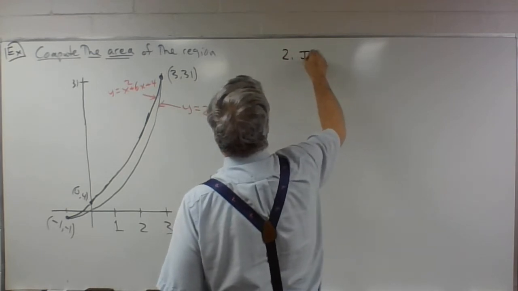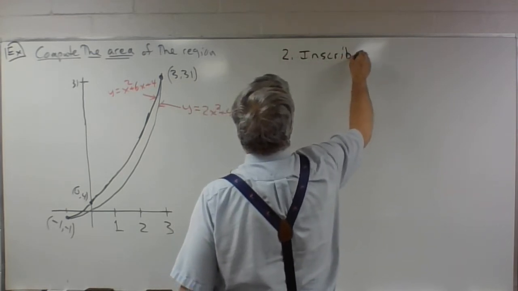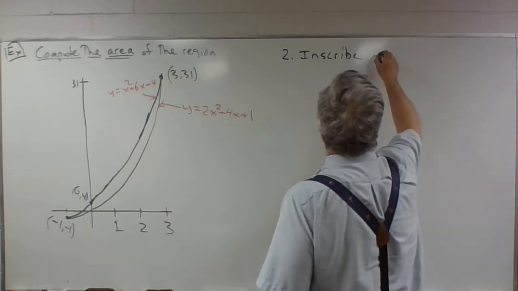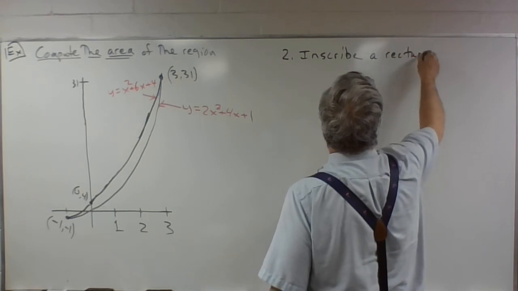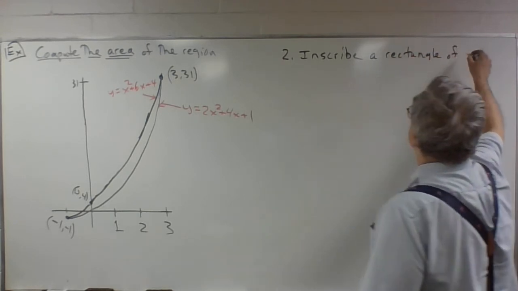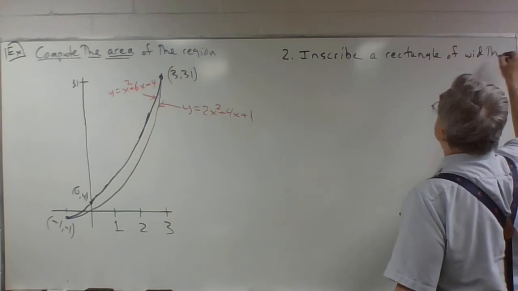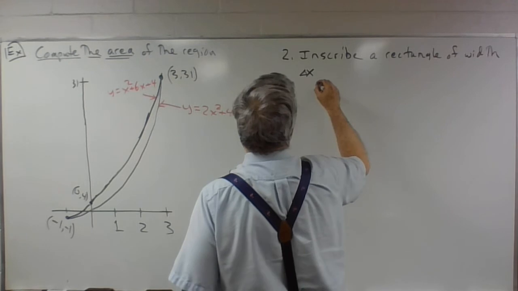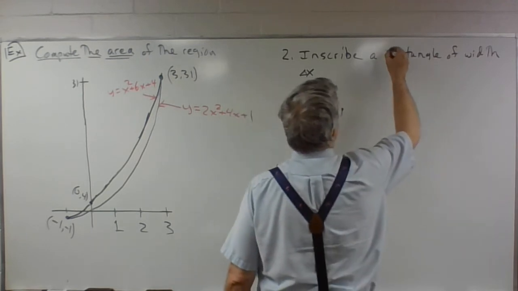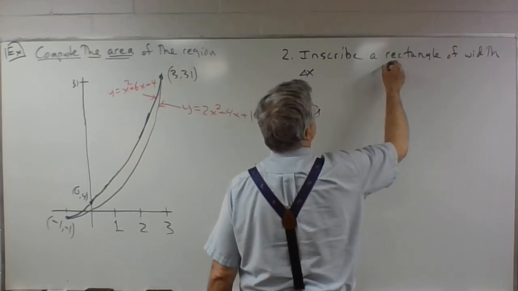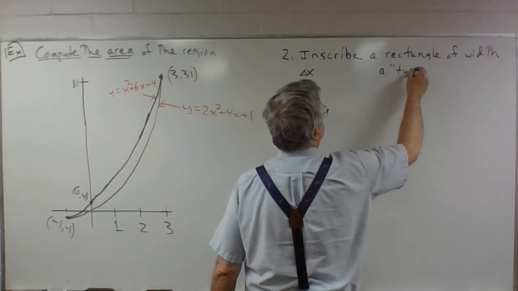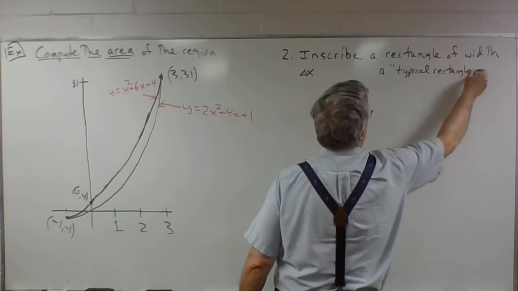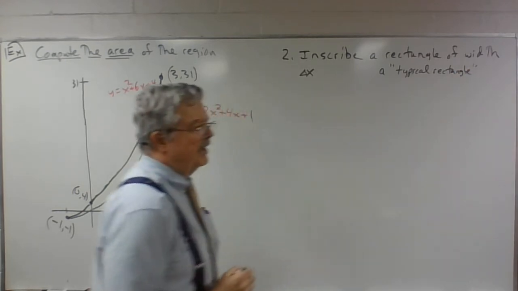Step 2. Inscribe a rectangle of width delta x, and I think last time we called this a typical rectangle of width delta x.